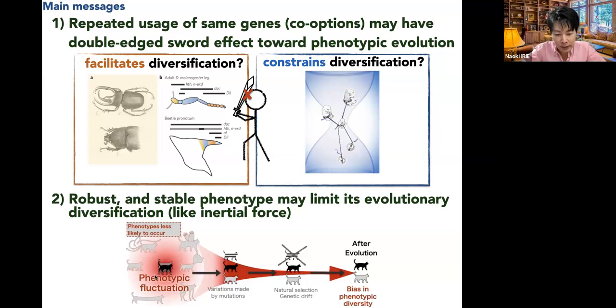Since development has much less potential to create phenotypic variation, it can only create a limited number of variations with respect to hypothetical phenotypic variation, and that may cause an inertial force on the evolutionary outcome. And these two are the main messages from my talk.